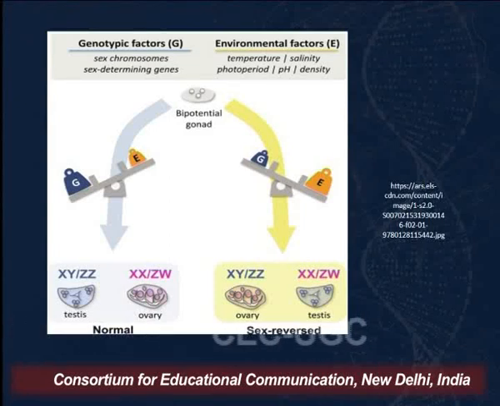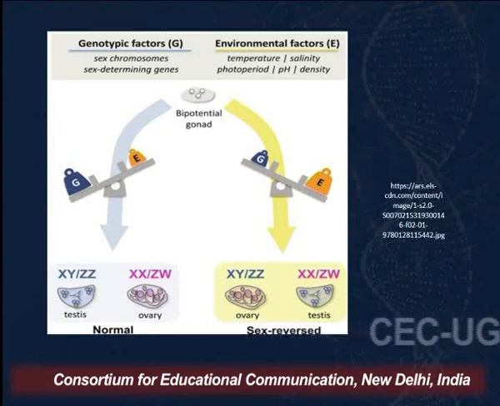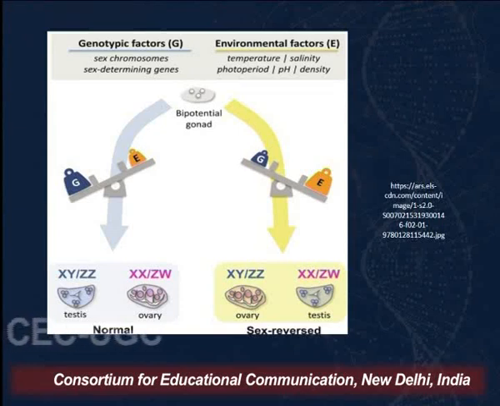As you can see on the left hand side of your screens, the genotypic factors are reigning heavier than the environmental ones, and therefore the environmentally controlled sex determining mechanism is poor in this case, and we would have the normal distribution of XX, XY and XYZZ or the ZZZW type of sex determination.